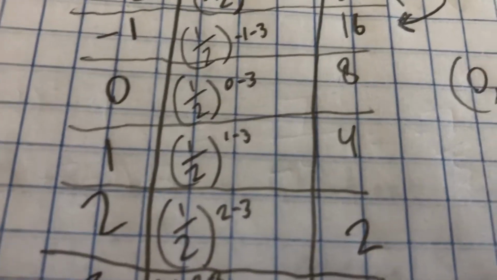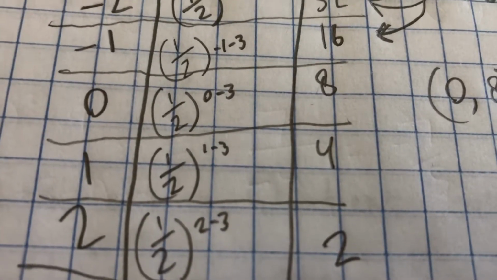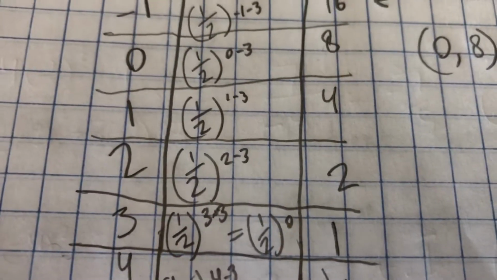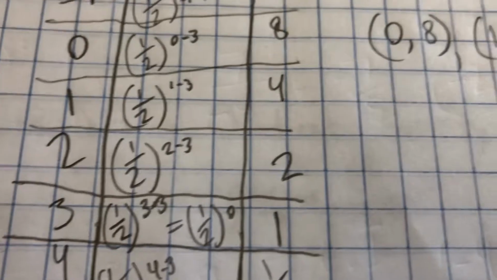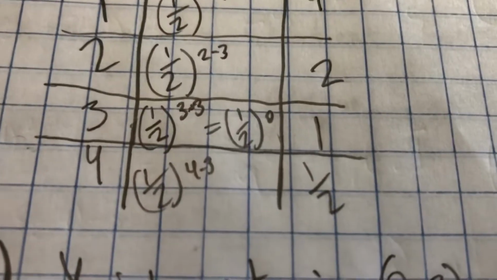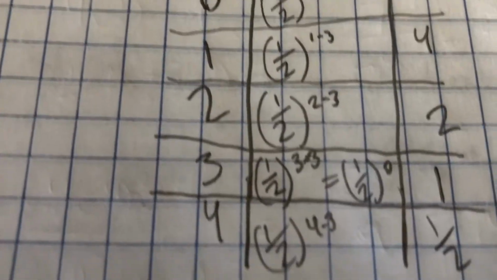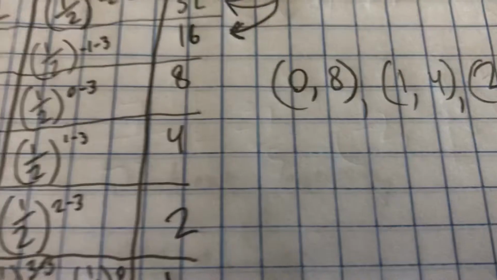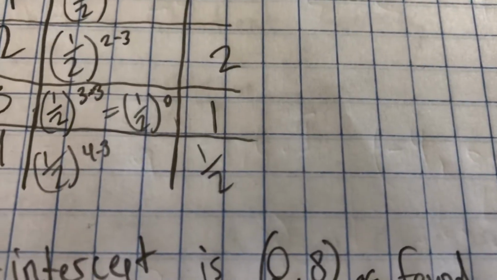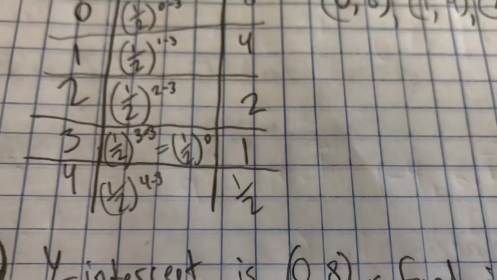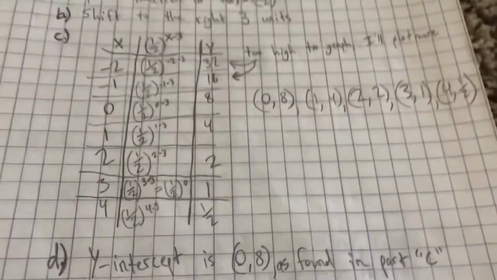For 1, you end up having 1/2 to the -2, that ends up being 4. Plug in 2 for x, you end up getting 2. Plug in 3 for x, you end up getting 1. Plug in 4 for x, you end up getting 1/2. And it's just going to keep on dividing. The further we go, the smaller and smaller this is going to get, but we're never going to quite reach 0, as we're going to see in just a second.